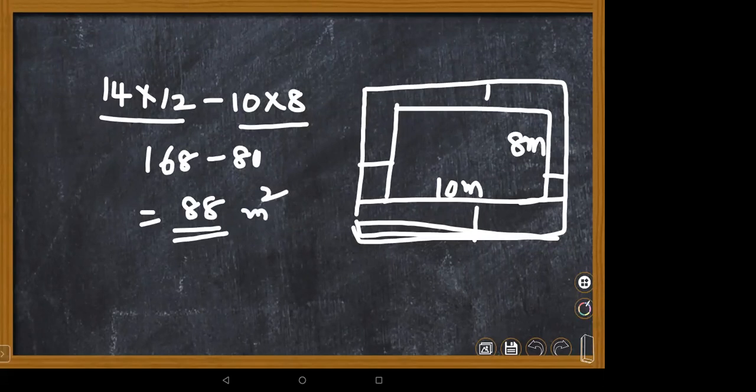Next, 400 tiles are required to exactly cover a rectangular courtyard 20 meters long as well as 12 meters wide.